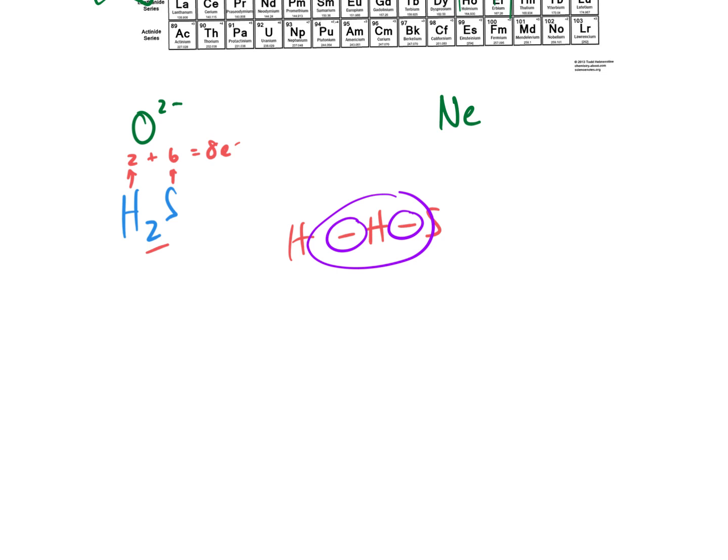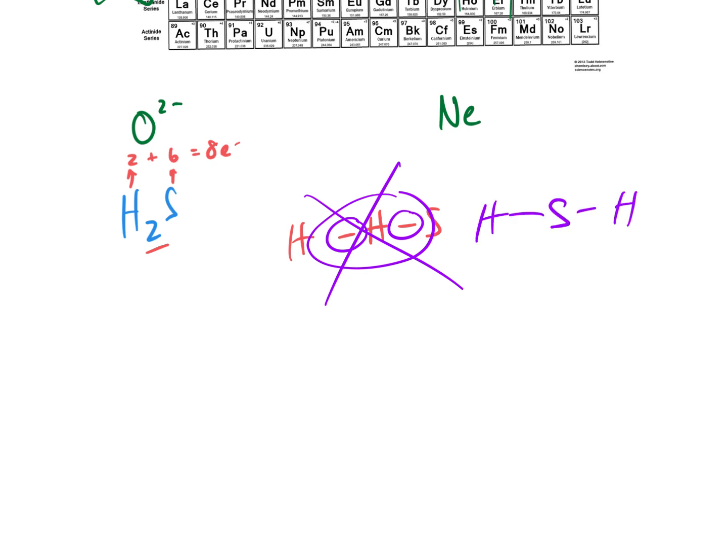What is the octet for hydrogen? 2, right? Just like helium. The closest noble gas to hydrogen is helium. It wants to just have 2. That can't happen. So hydrogen will never be the central atom. It can only be bonded to 1 atom. So it's going to be sulfur.